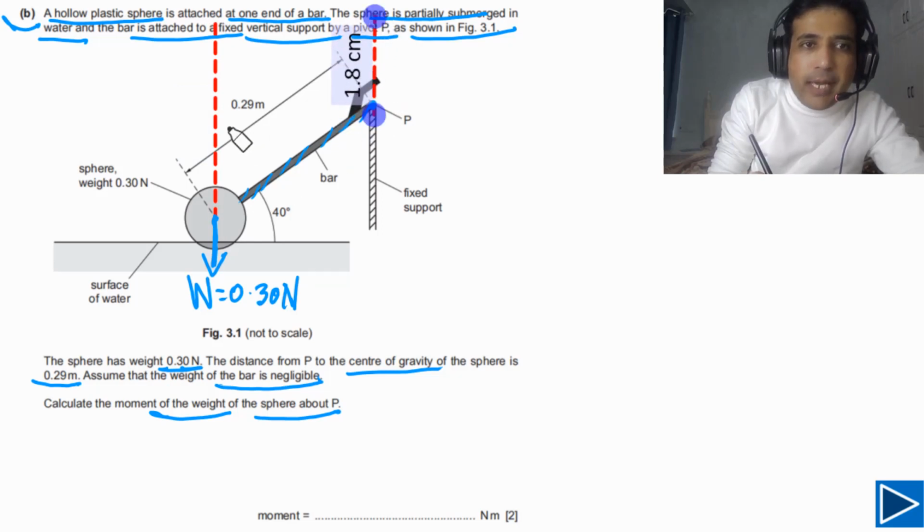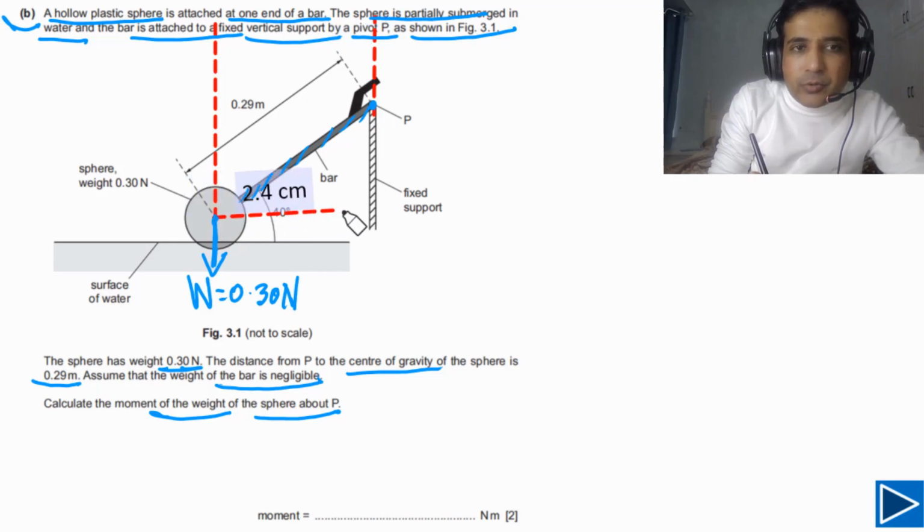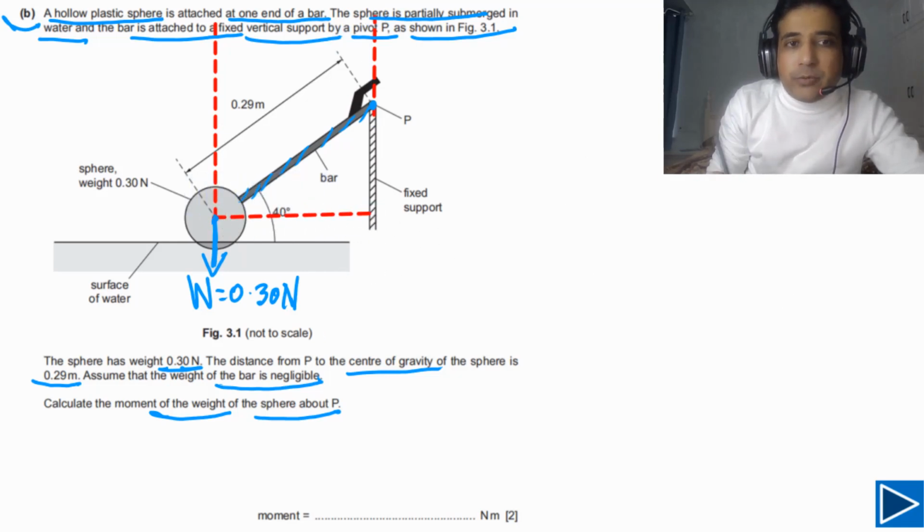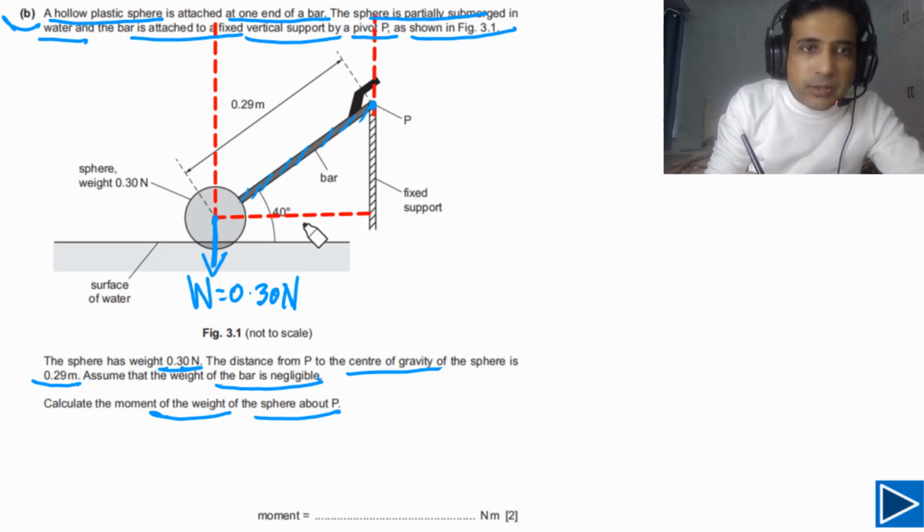This is the perpendicular distance between the line of action of the force and the pivot. This perpendicular distance is equal to 0.29 cosine, so we can say this distance is equal to 0.29 cosine of 40 degrees.